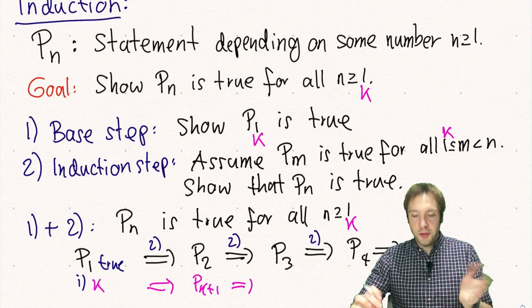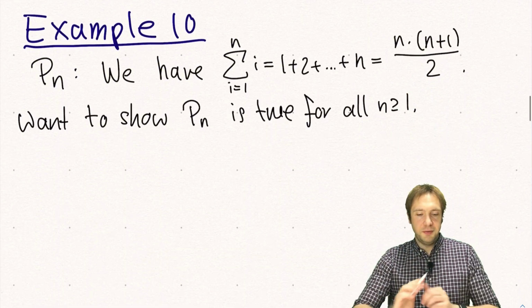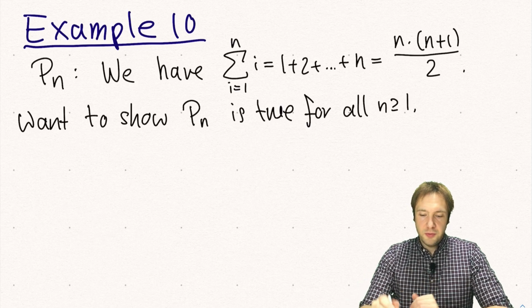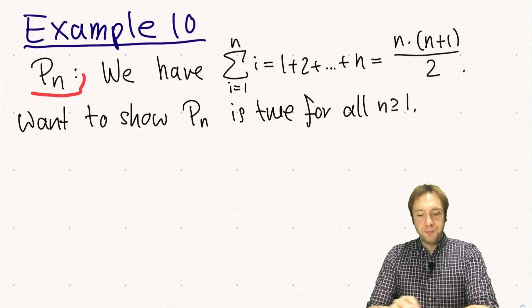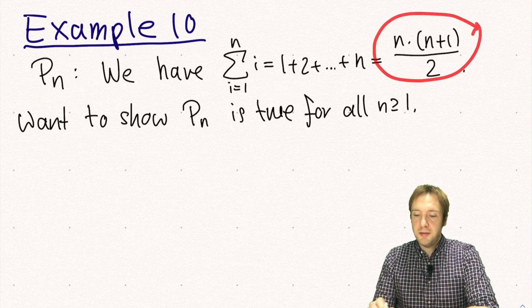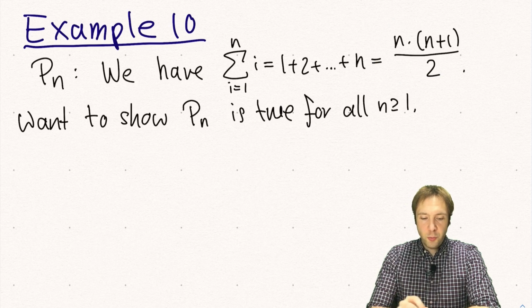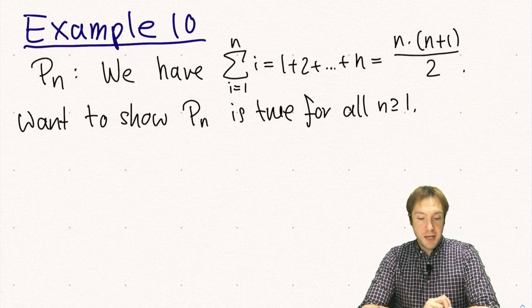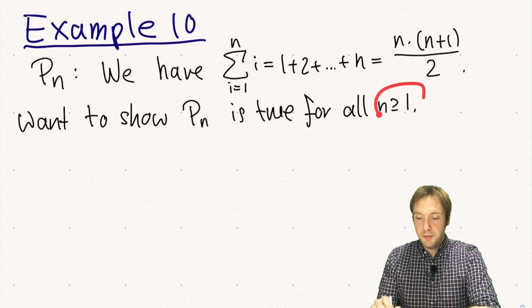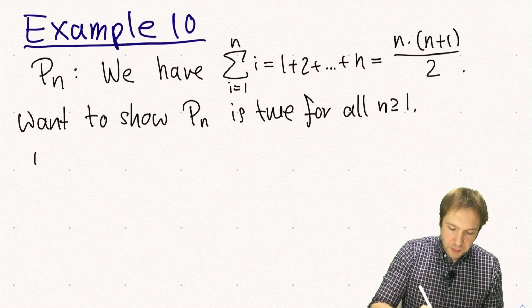So now let's do one explicit example. And one standard example is the following. So Pn is now the statement that the sum of the first n numbers can be written as n times n plus 1 over 2. And we now want to show that this statement Pn is true for all natural numbers n. So what will we do first?